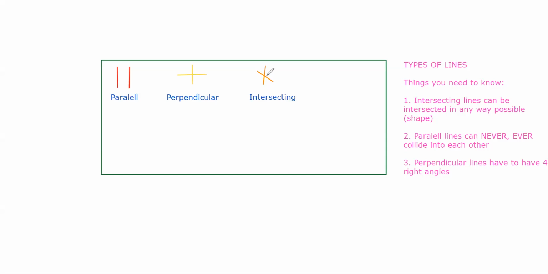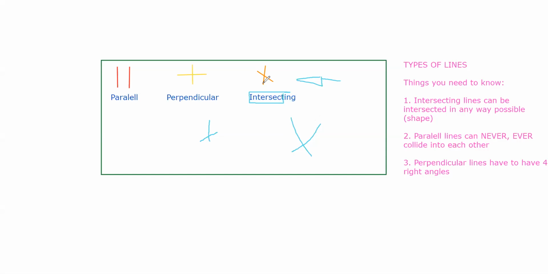So intersecting, if you take this part, intersect, from the word, you can probably think back to a common word that we use maybe every day. Well, it's intersect. Intersect means to go into each other almost. So that's why these are called intersecting lines, because they go into each other and they can be drawn any way possible.